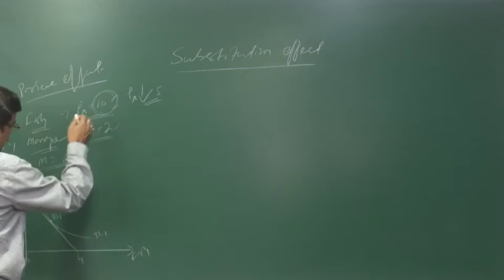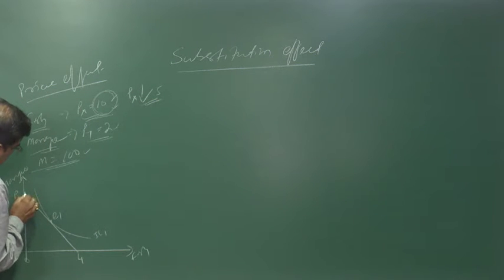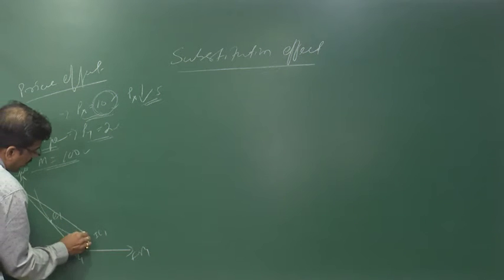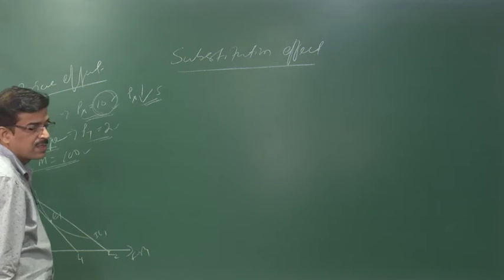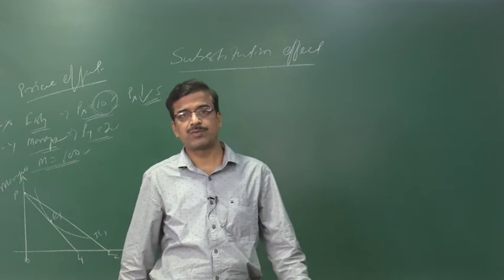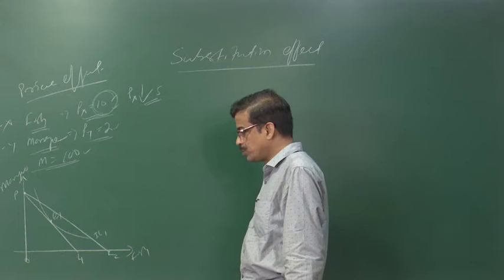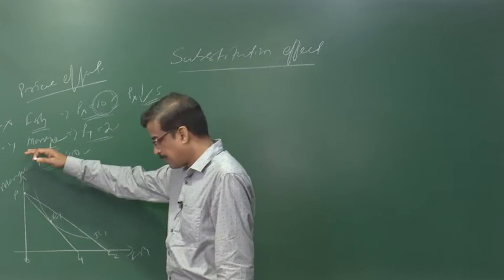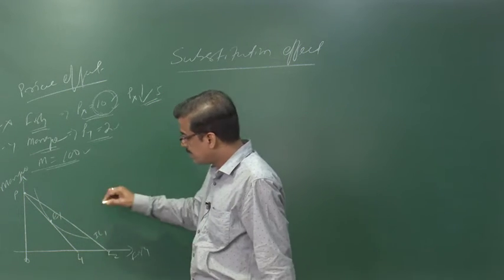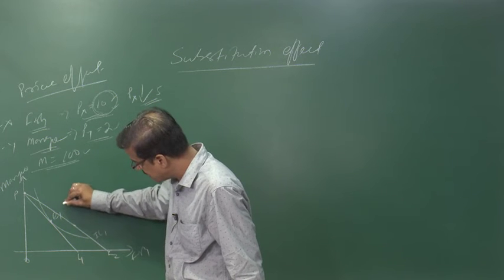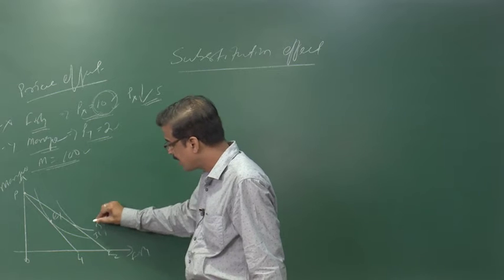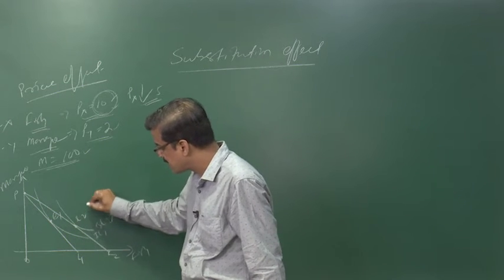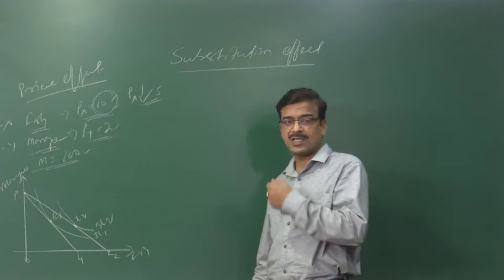Now, when the price of X falls, the price line shifts from PL1 to PL2. Once it shifts to PL2, then given the preferences, it is tangent to a higher indifference curve, let us say IC2, at a separate point called E2. Now, what happened?